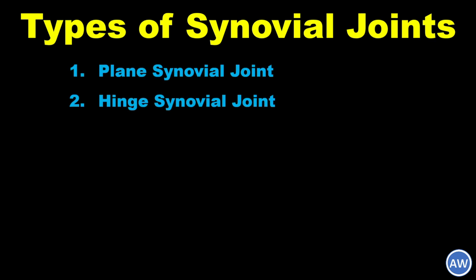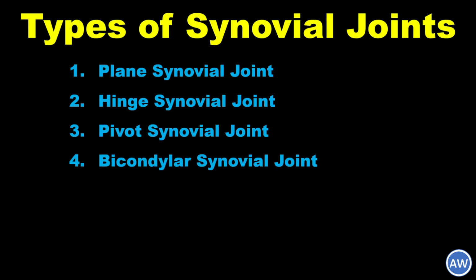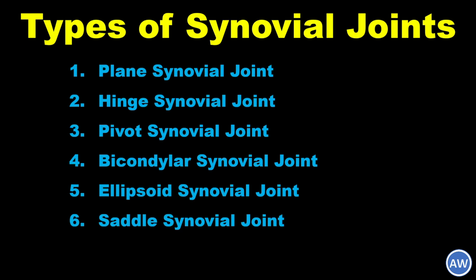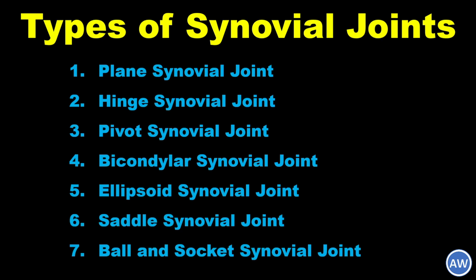Now we know the structure of a typical synovial joint. So let us see how the synovial joints can be classified. The synovial joints may be classified according to their shape into plane joints, hinge joints, pivot joints, bicondylar joints, ellipsoid joints, saddle joints, and ball and socket joints.